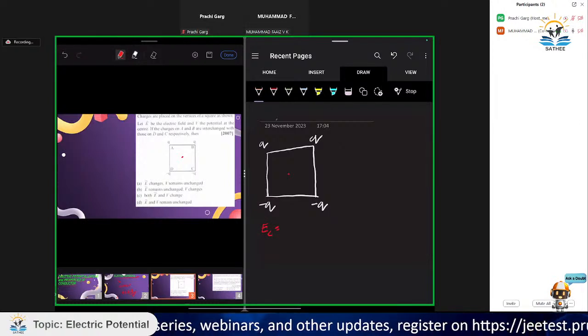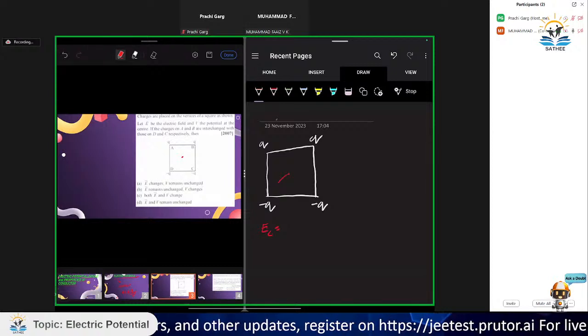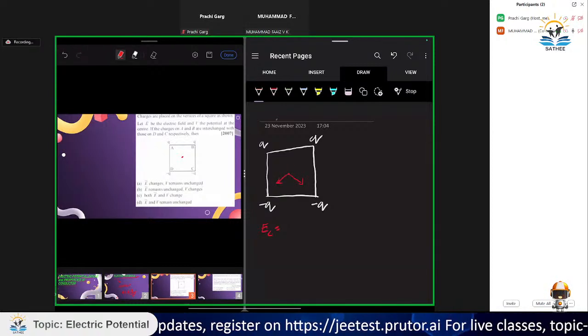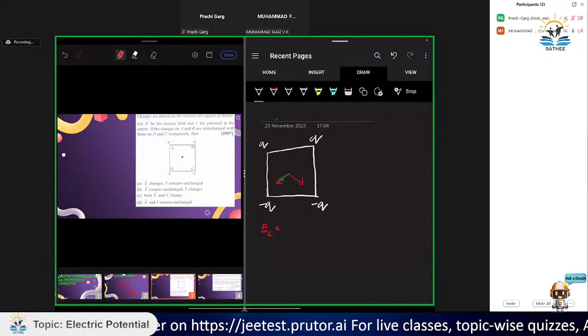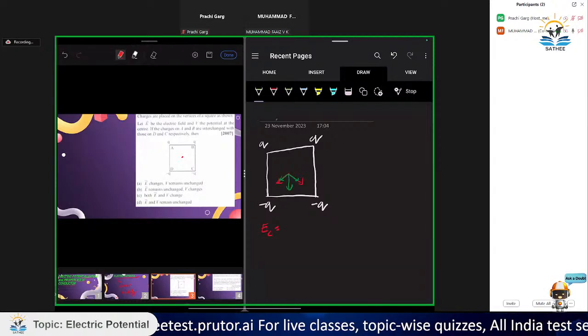At the center, the electric field will be how much? Because of this minus Q, the electric field is towards this, minus Q again towards this, plus Q also towards this, plus Q towards this. So the net electric field at the center is towards the minus Y direction.